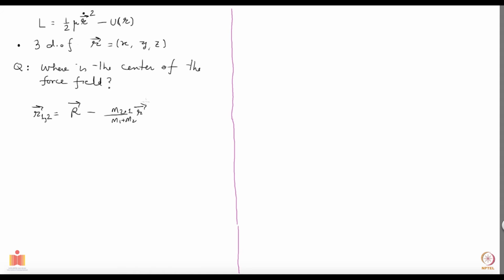So clearly, if you put small r to be 0, r1 and r2 both become capital R. So that is the location of the center of mass.